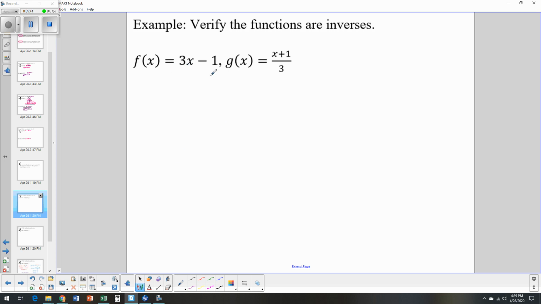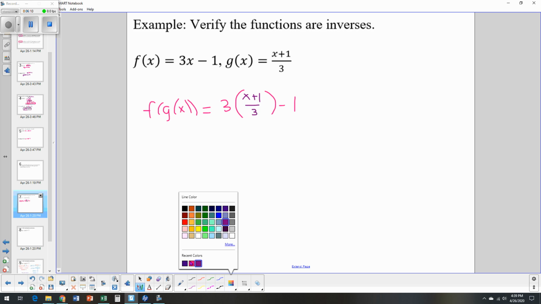So f of x is 3x minus 1, g of x is x plus 1 over 3. So I'll start by doing f of g of x. That means I'm going to take 3 times whatever the missing variable is, minus 1. I'm going to plug in my whole g value here, x plus 1 over 3.